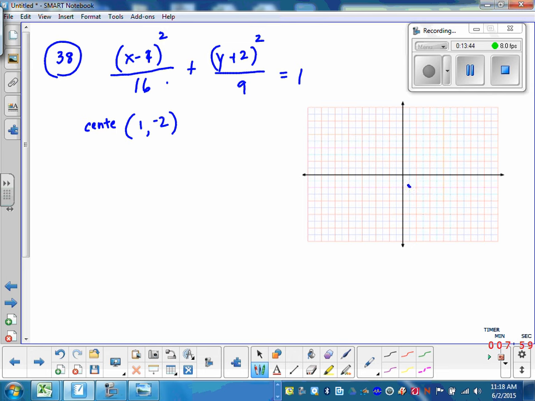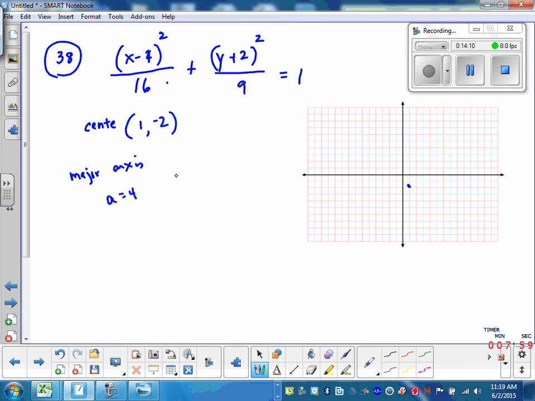So there's the center. That's the middle of the major and minor axes. So it's over 1, down 2. It's in the 4th quadrant. Now, the major axis is under the x coordinate, and a is 4.